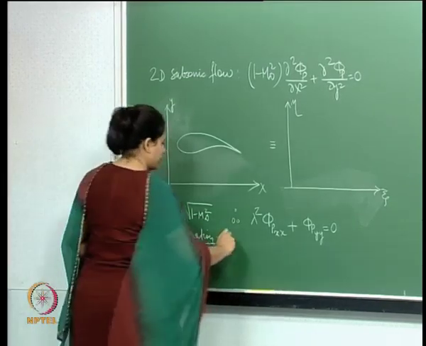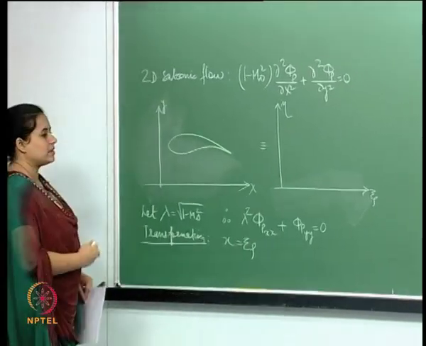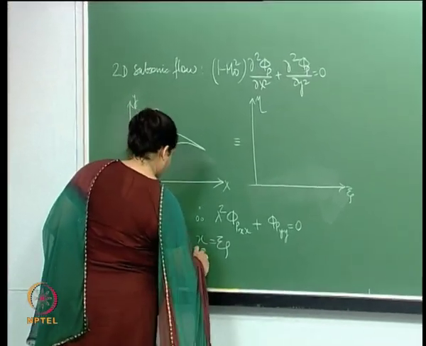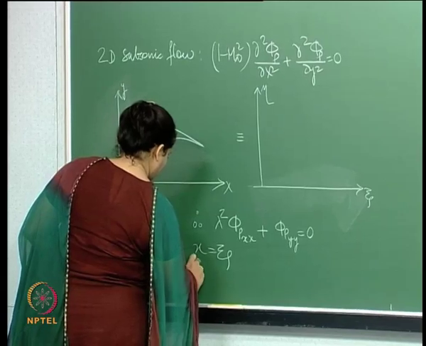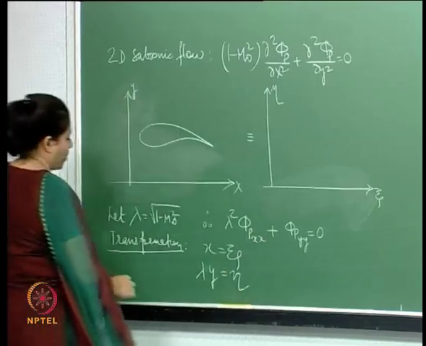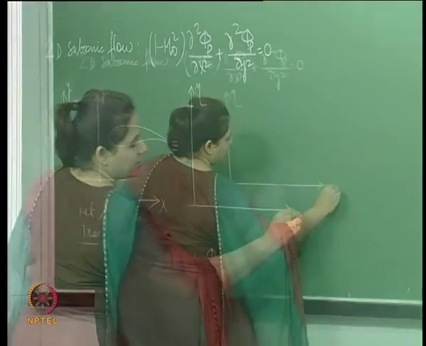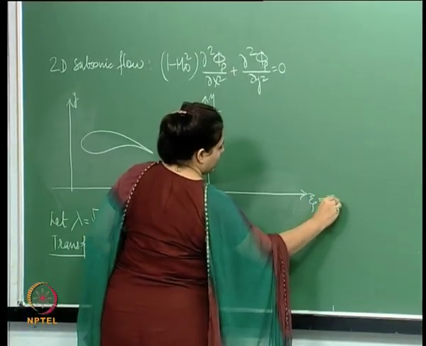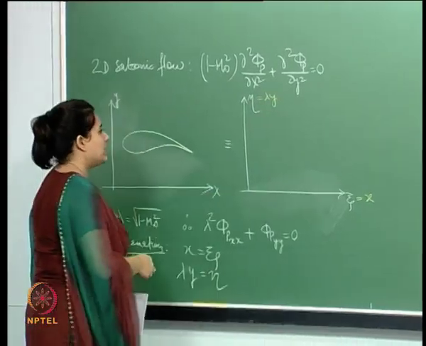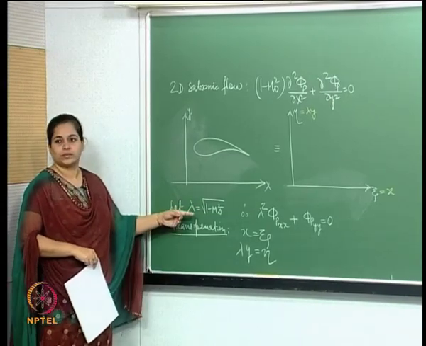where we say that x is the same as z, but essentially z is the same as x, and eta is equal to lambda into y, where lambda is this. Okay.